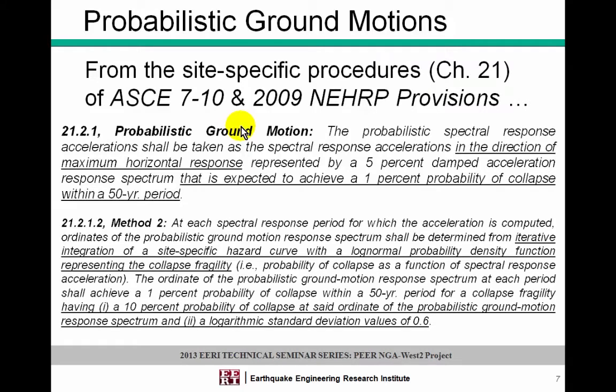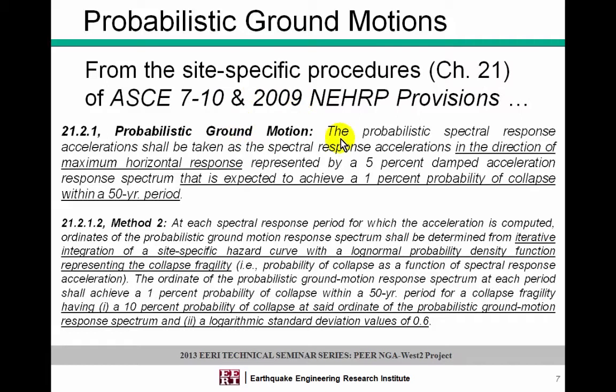And then I mentioned method 2 of the site-specific procedure is what lays out how you calculate these risk-targeted ground motions that achieve the 1% in 50-year probability of collapse. And that description is very accurate, but very brief. It's good code language, but it doesn't necessarily tell you exactly how to do this. And so hopefully the examples I'll show help with that, and also a tool that I'll show.